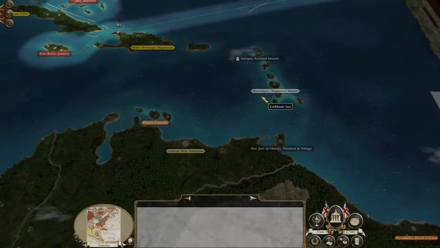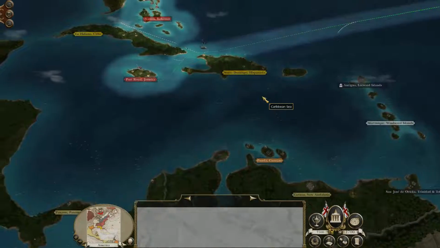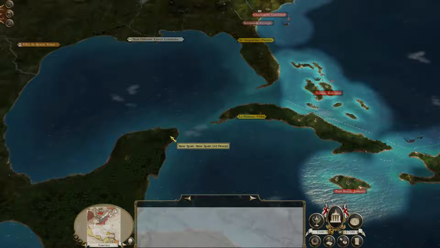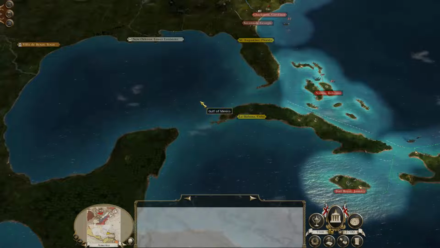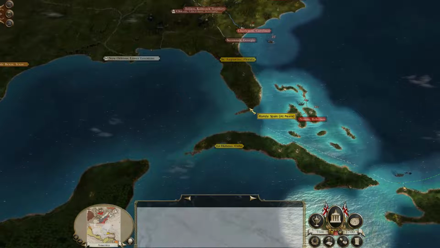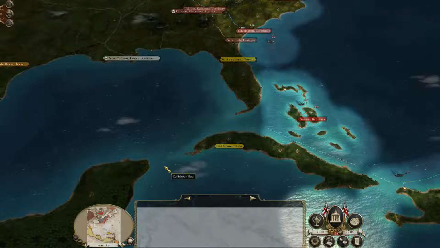So remember it goes both ways. If you want to be able to control who comes into your territory, or if you just want to seal it off, it works both ways. And again, you could theoretically seal off the Caribbean from the Gulf of Mexico, from New Spain to Cuba here. You could even seal off Florida and Cuba as well. This point here and this point here.